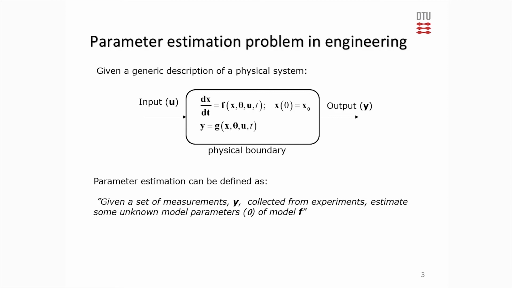The generic description of the model of a physical system is shown in the figure. It has a boundary with inputs u and outputs y, and a mathematical model that describes the transformations coupled with mass balances.